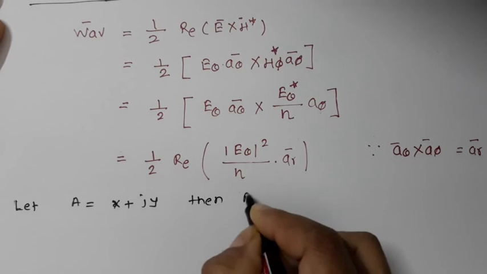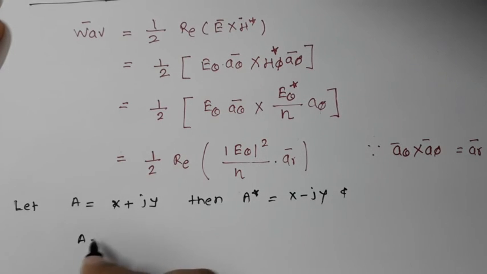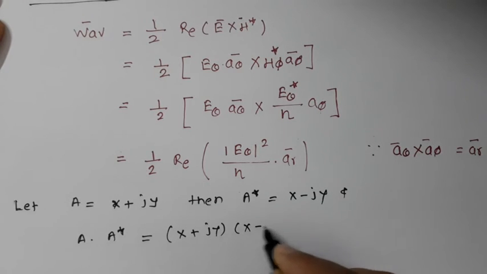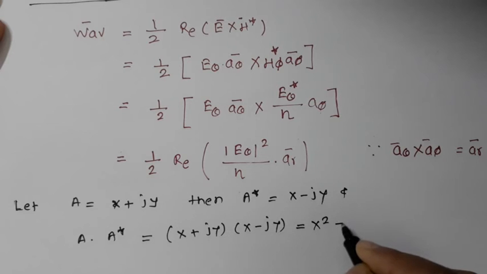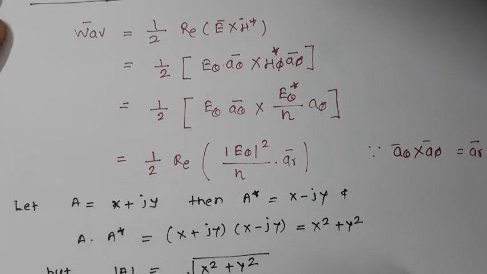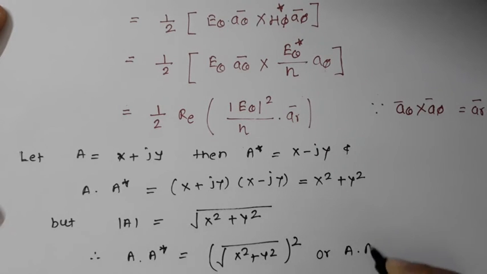Then A complex conjugate is equal to X minus jY, and A into A conjugate will be X plus jY times X minus jY, which is equal to X square plus Y square. Now the mod of A is nothing but the square root of X square plus Y square. So I can write A into A conjugate is equal to mod A square.